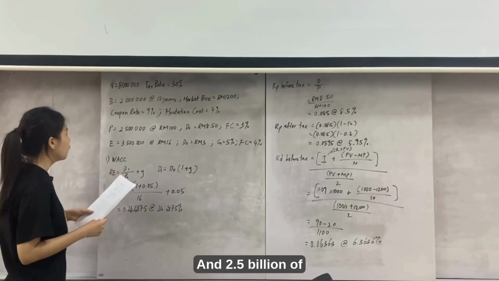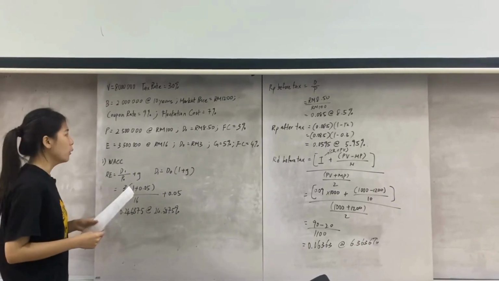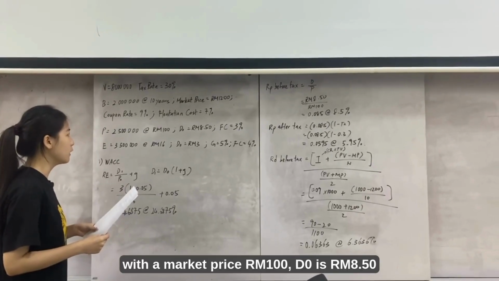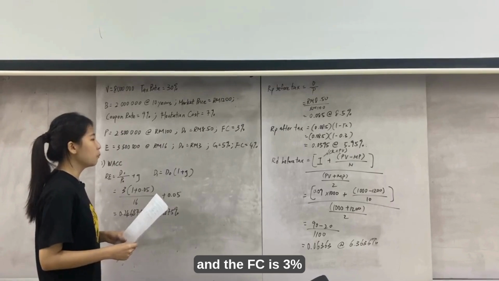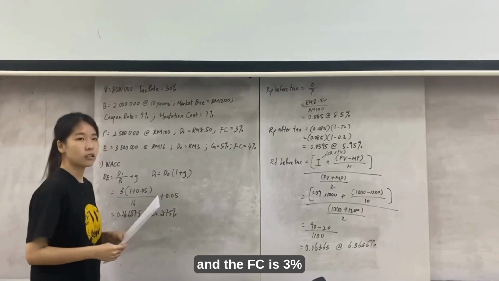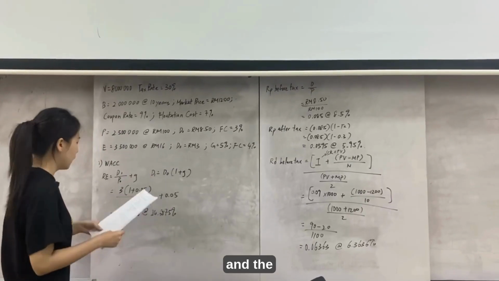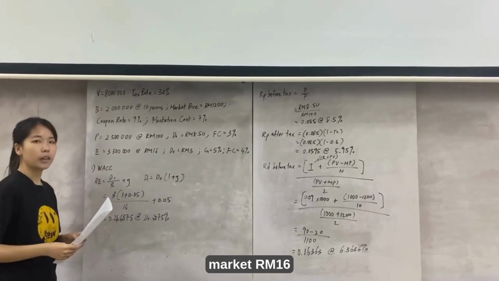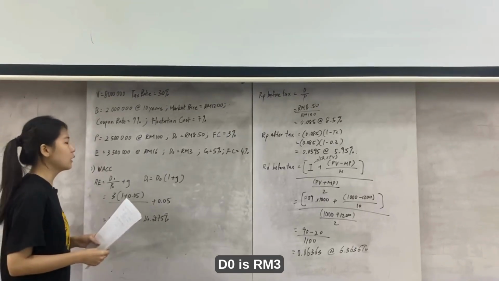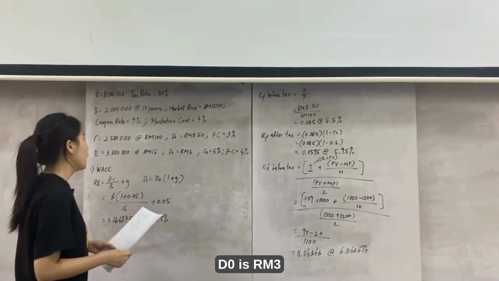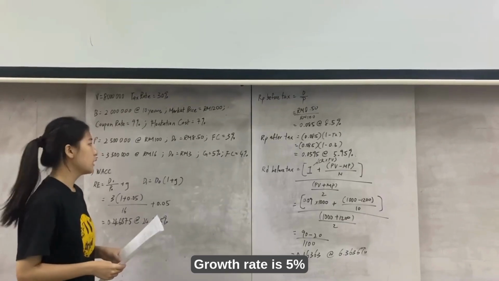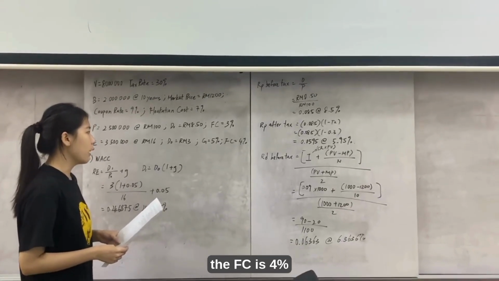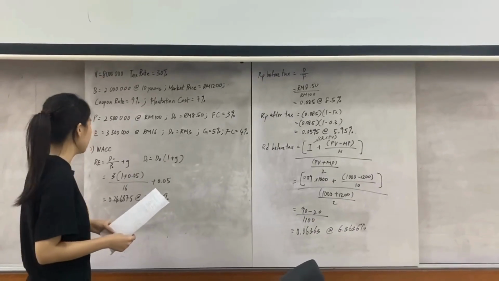And 2.5 million of preferred stock with a market price of 100 ringgit. D0 is 8.5 ringgit and the flotation cost is 3%. And the common stock is 3.5 million with a market price of 60 ringgit. D0 is 3 ringgit, growth rate is 5% and the flotation cost is 4%.